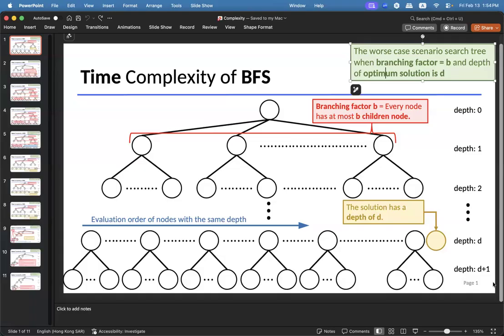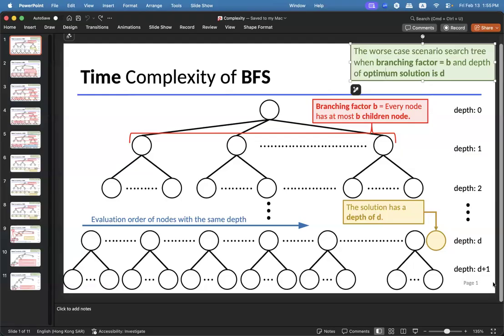Because the breadth search is expanding the search tree in a layer by layer fashion, the depth D layer gets expanded. We take the worst case scenario in our thinking that if D is the worst case, then the solution having a depth of D will be the last node being expanded among all the nodes with a depth of D. So all the nodes with a depth of D but not the goal state will get expanded, will get explored.